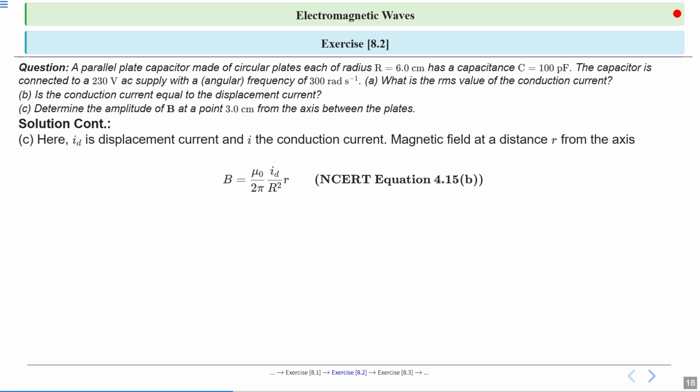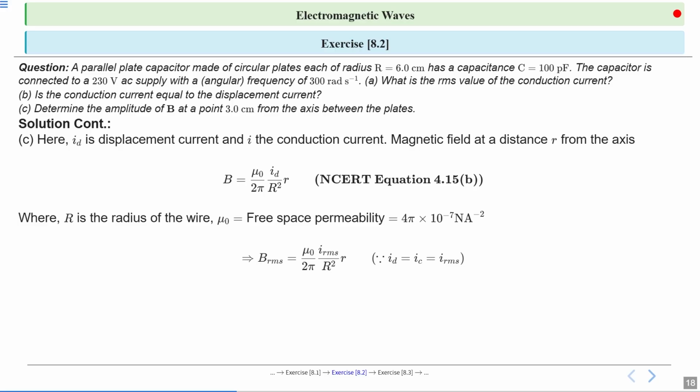According to NCERT equation 4.15, this equation has been taken from the 4th chapter, Moving Charges and Magnetism. Mu naught is the free space permeability, equal to 4 pi into 10 to the power minus 7 Newton per ampere square.